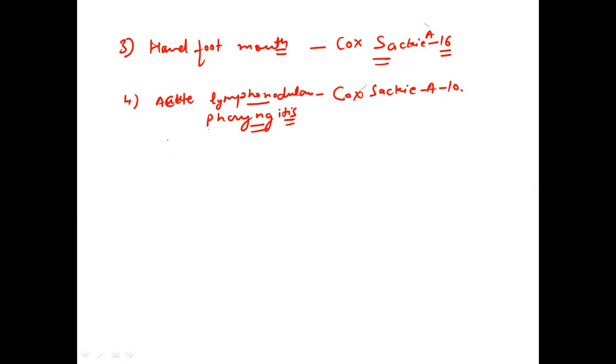There is one more thing associated with this also, herpangina or aphthous pharyngitis. So just remember 16 causes hand, foot, mouth disease, and 10 will cause acute lymphonodular pharyngitis, and one more thing associated with it is herpangina or aphthous pharyngitis, right? Just try to remember these things.